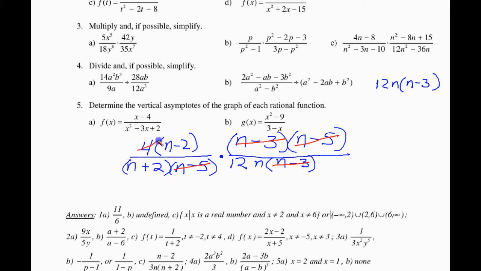Now I have a 4 will go into there once, 4 will go into there 3 times. So on top over here, I'm left with an n minus 2. And on the bottom here, I'm left with a 3n, this 3n, and then n plus 2. And I was looking and I saw it was right there. Okay. Wow.